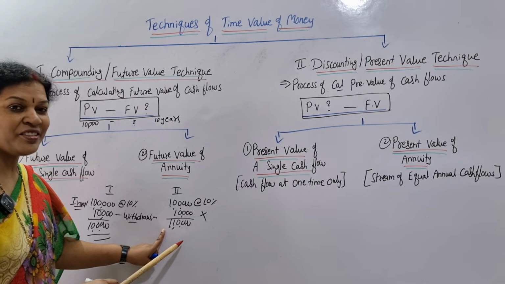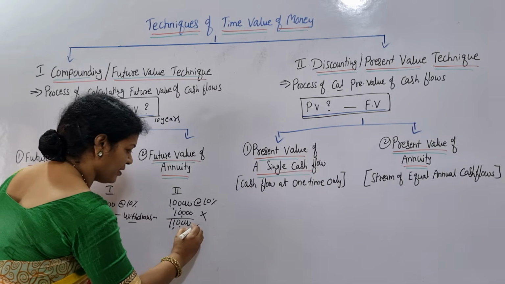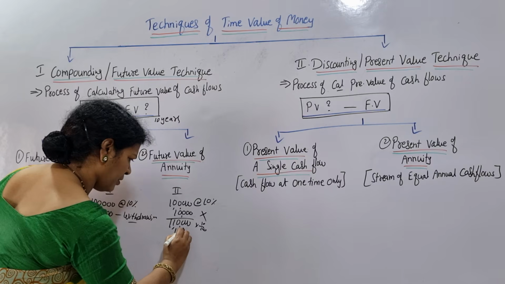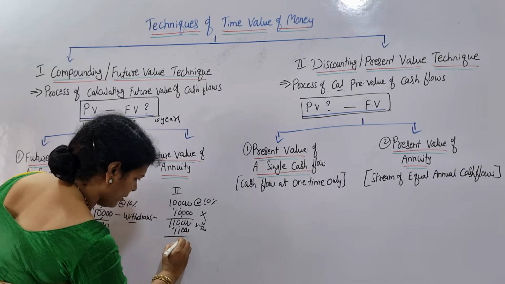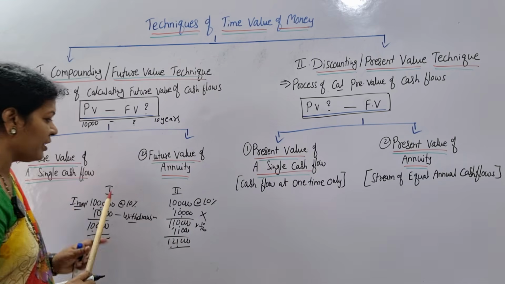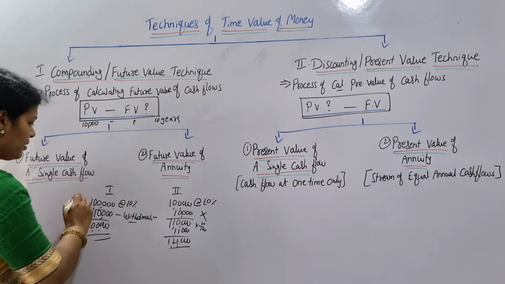Now second year interest will be how much? On this you will calculate 10%, at the rate of 10%. It comes to 11,000. It means total will be 1 lakh 21,000. Right? The first is simple interest. This is compound interest.